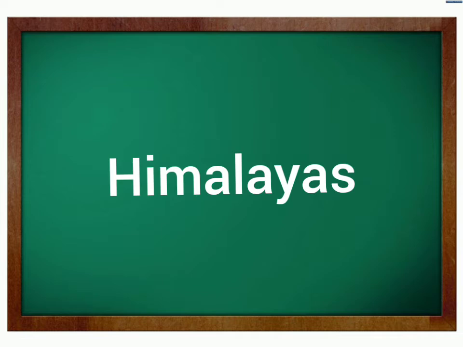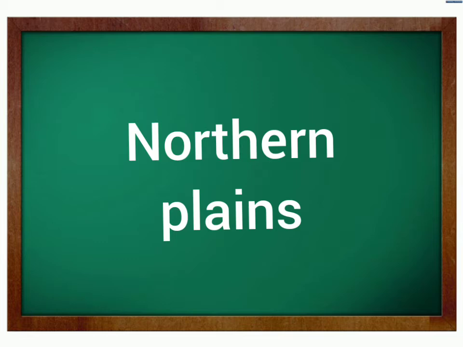I think you got the idea about the formation of Himalayas. Then we can discuss the formation of northern plains. The Himalayan uplift out of the Tethys Sea and the subsidence of the northern flank of the peninsular plateau created a large basin. Subsidence means downward movement.